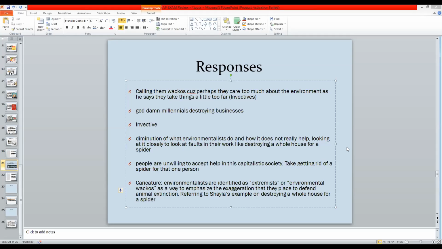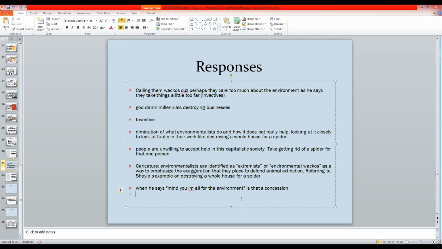When he says, mind you, I'm all for the environment, I think it's a kind of concession. But obviously we know that he's not true in this case, because he says he's all for the environment, but nothing he says is really for the environment. So it's kind of like hypocrisy, if anything.